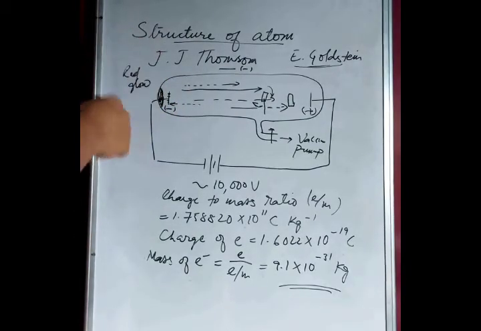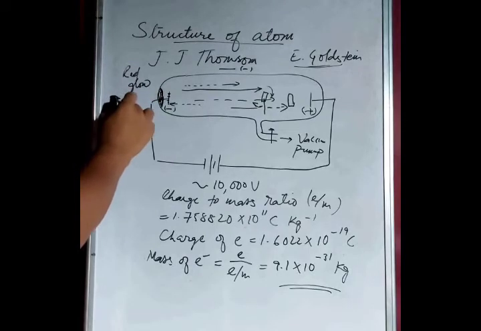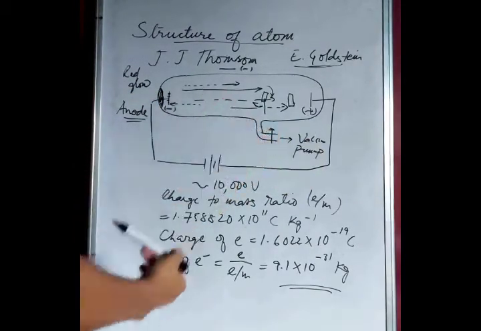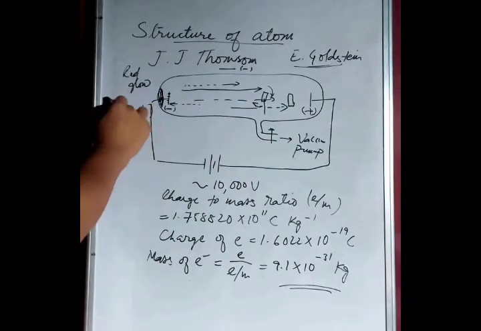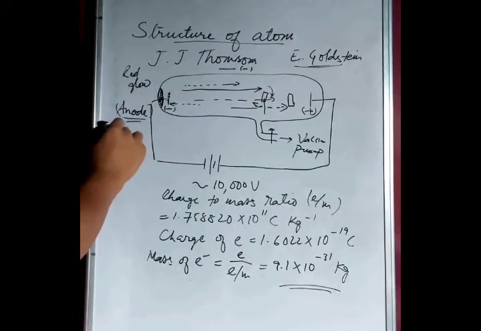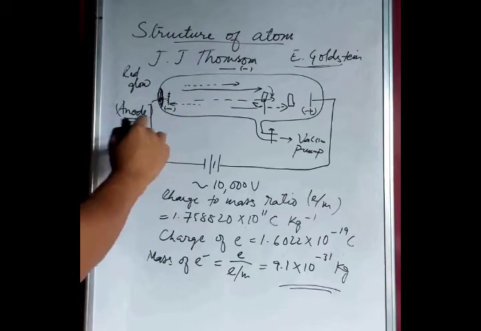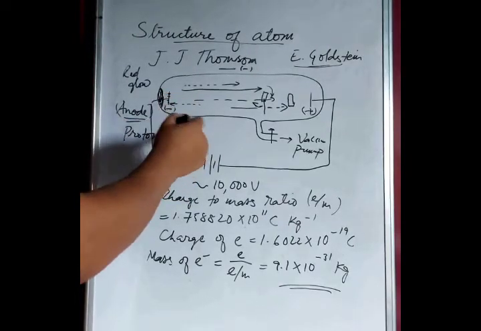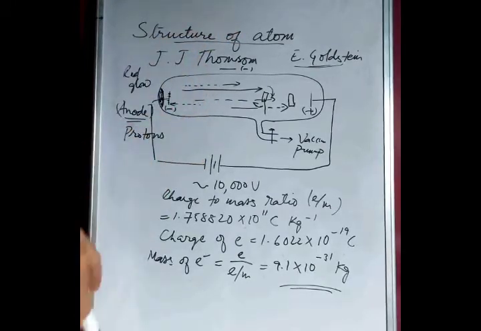So he termed that the anode rays, because the rays seemed to emerge from the anode terminal, and these anode rays were called protons, or positively charged particles, and the cathode rays were called electrons, or the negatively charged particles.